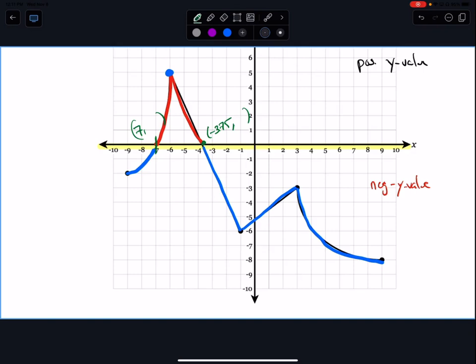But I know starting at negative 7 I'm at 0, so am I positive at negative 7? No, I'm at 0, but at negative 7.1, am I positive? Negative 7.2, negative 7.3, so as close to negative 7 as possible, and anything between negative 7 and negative 3.75 will give me a positive y value.